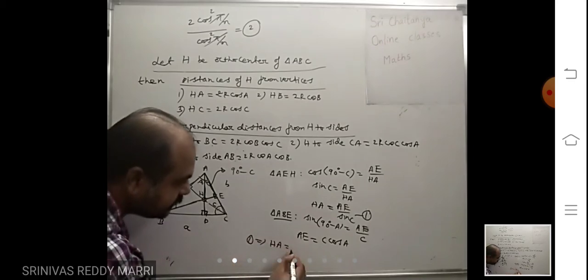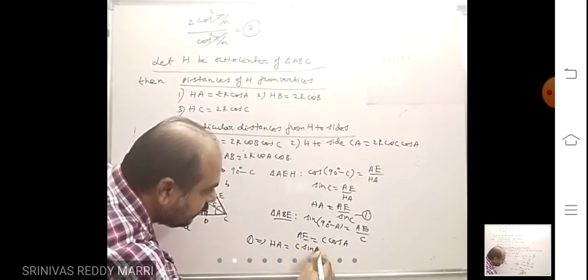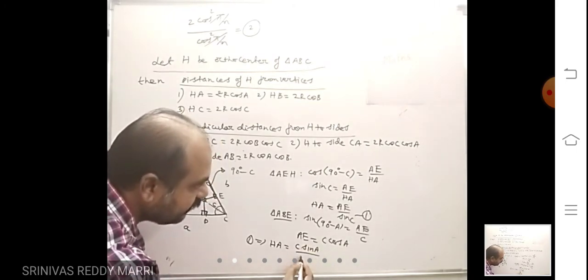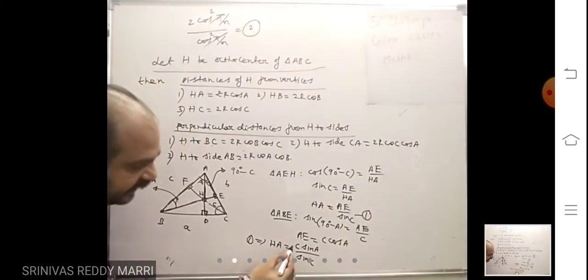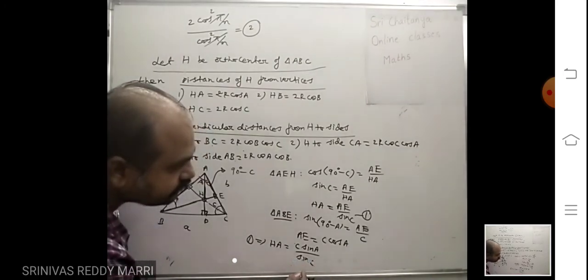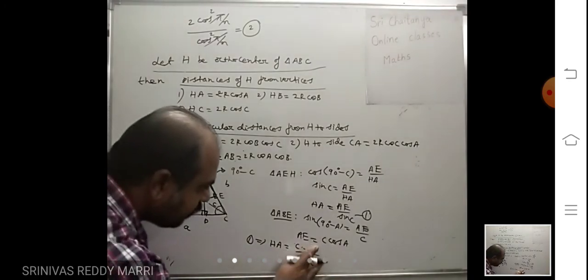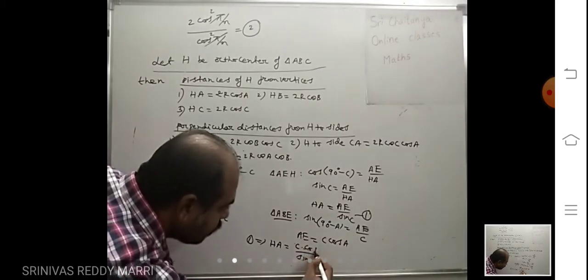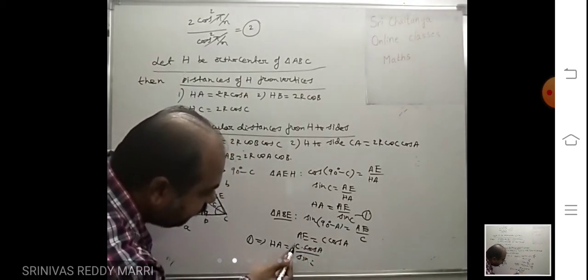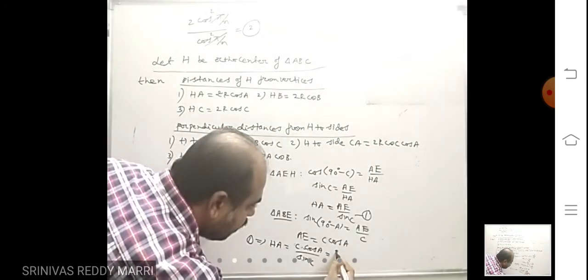In the first equation I will substitute AE. So HA equals C cos A divided by sin C. In triangle ABC, C by sin C, by the sine rule, is nothing but 2R.